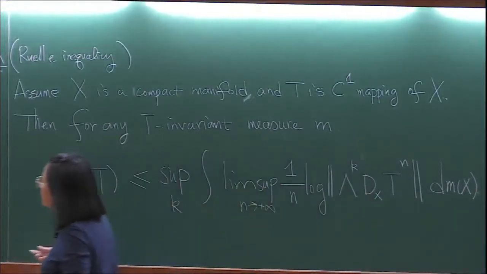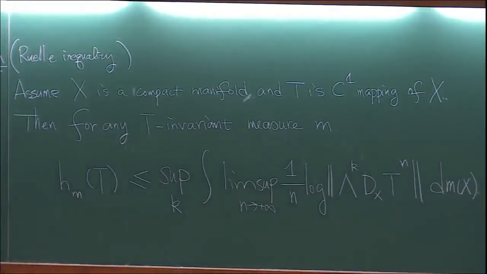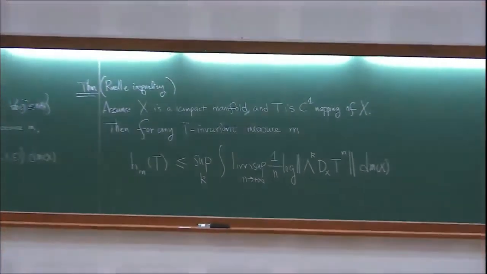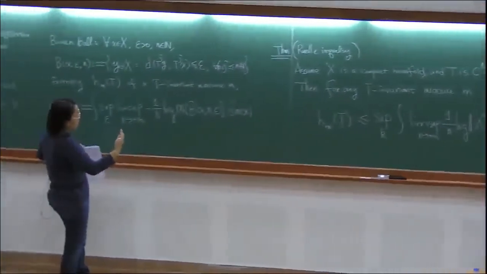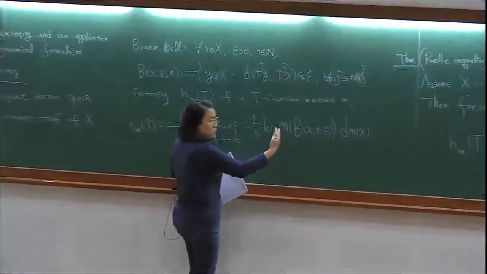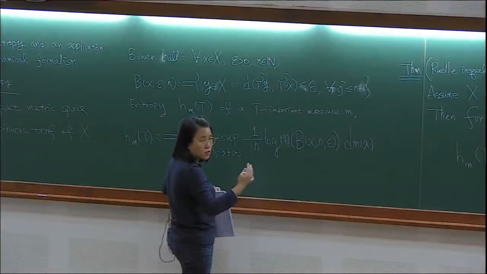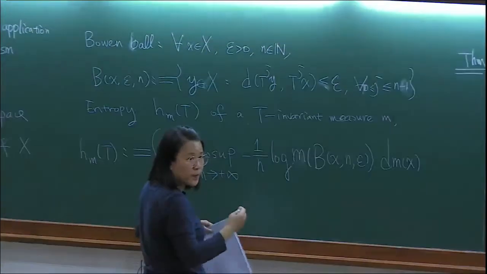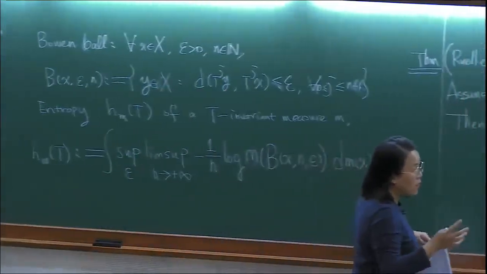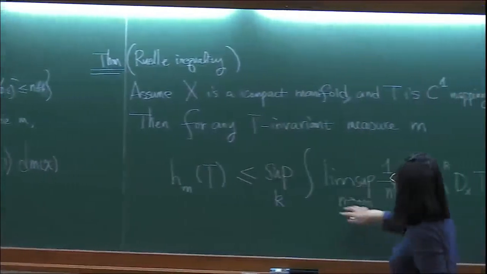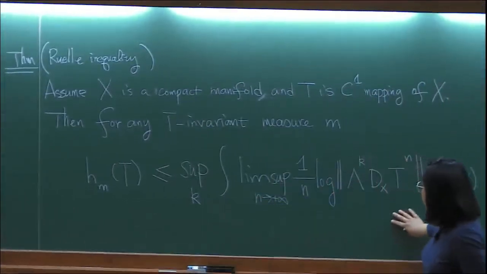So how to understand this? You can consider this T in the linear case. So you will have different directions: expanding, contraction, and no change, right? And then what are these Bowen balls? Actually, how this measure shrinks is related to this expanding ratio, how the map will expand. So what is on the right side?